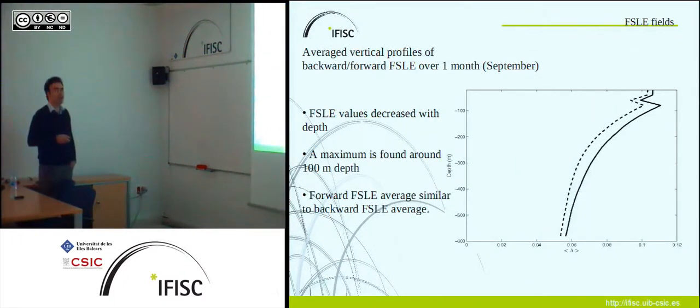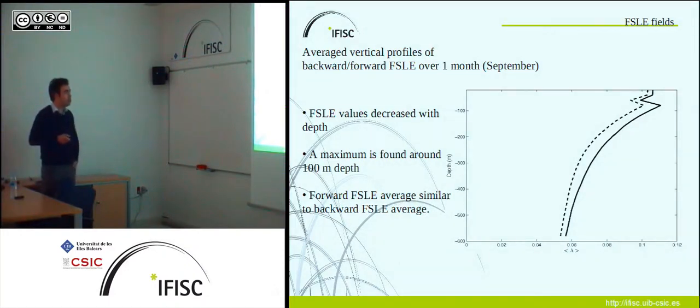So we also used the fact that we had 3-dimensional fields to calculate the vertical profile of the average value of the FSLE. We found that it decreases with depth, and that means that activity is getting weaker and weaker as we go deeper in the ocean.